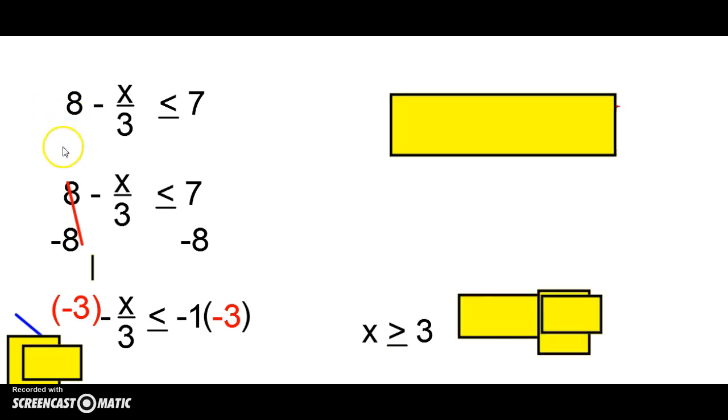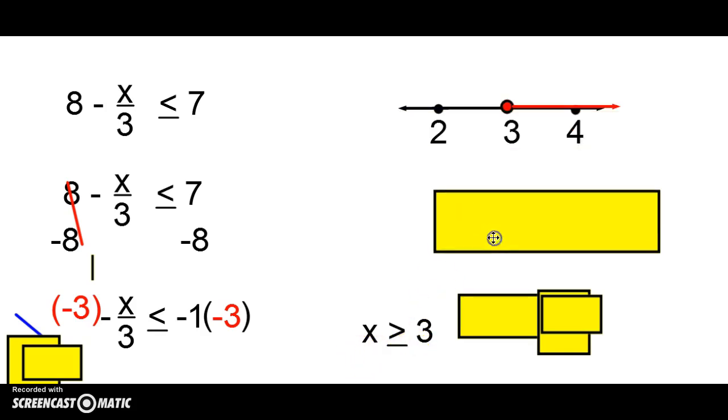Because you multiplied both sides by a negative number, remember to flip the inequality. So x is greater than or equal to a positive 3, and you graph it that x is greater than.